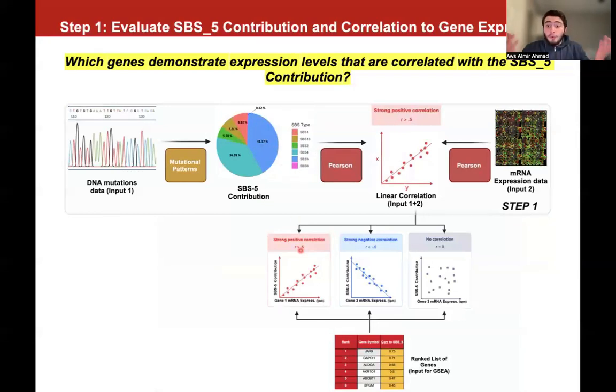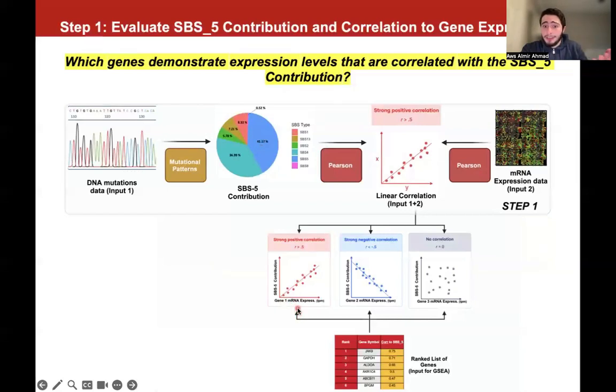Now that we have the two types of data that we need, we will be investigating the linear correlation between those two data types, such that we will be looking into how the gene expression, for example, of gene 1 is related to SBS5 contribution across the 101 samples.